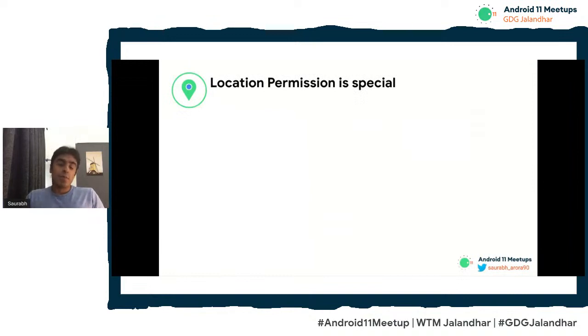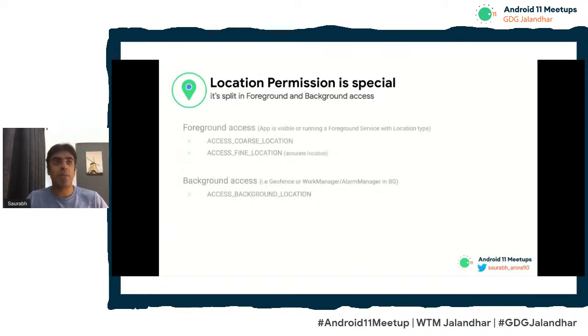Previously, when we looked into one-time permission access, I mentioned that Android 10 split location permissions into foreground and background, and Android 11 puts more changes on location permission in particular, because location permission is special. Users can sometimes get worried that apps are continuously tracking them. So Android 10 split it into foreground and background.